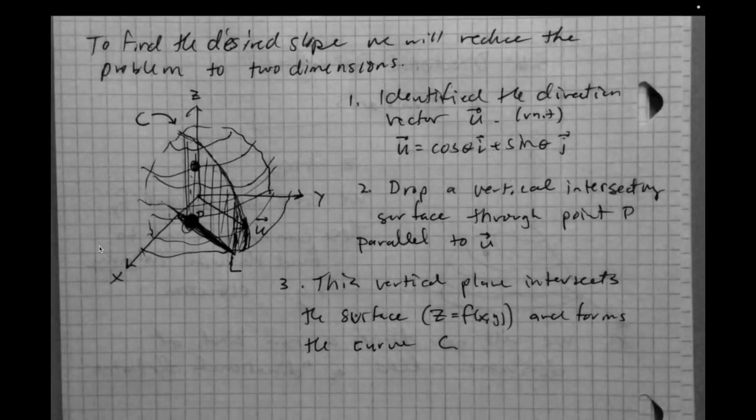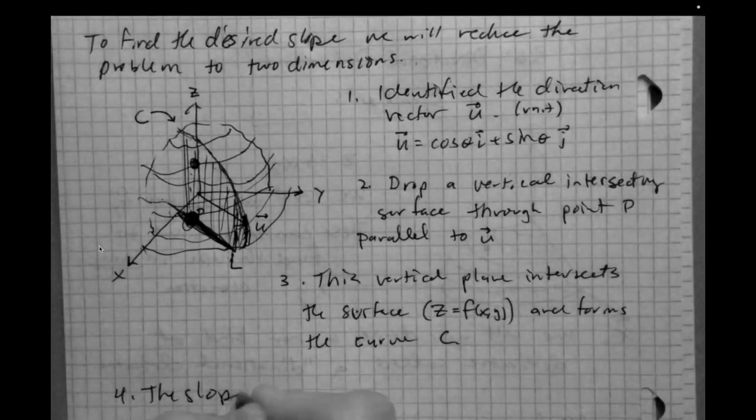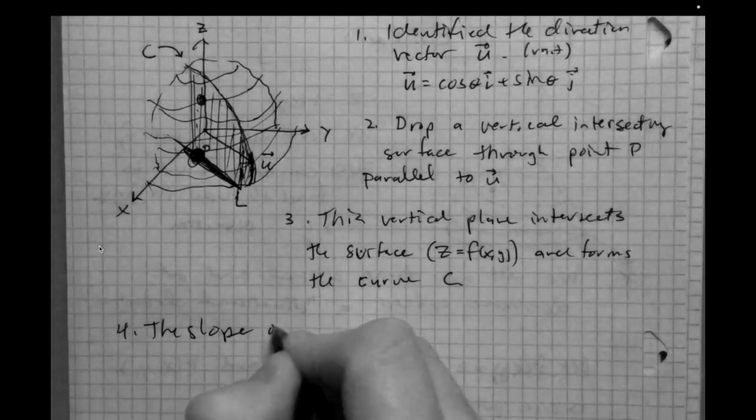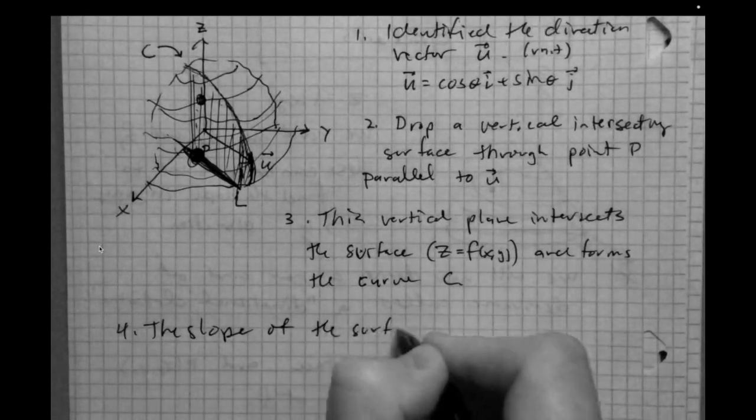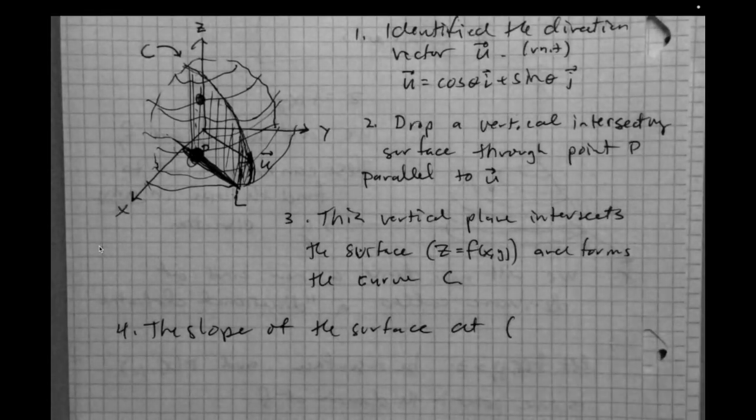And so then the idea here, this is item 4, is that the slope of the surface at the point P, which we said had xy coordinates x naught, y naught.